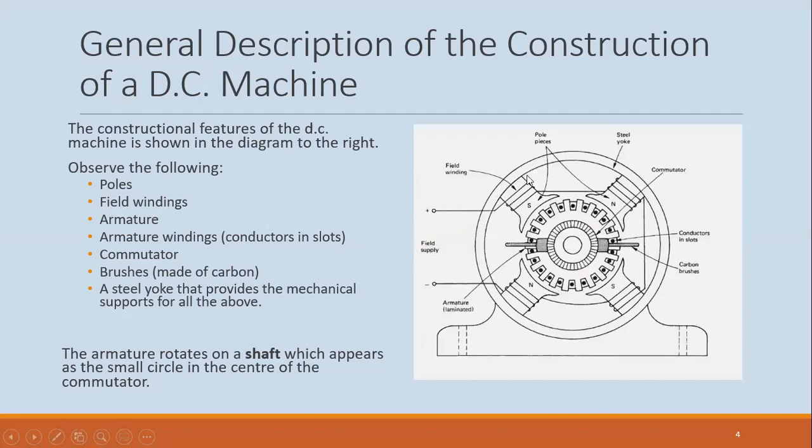These poles are actually electromagnets. So windings, conductors are wound around them in such a manner as to create north poles and south poles alternately. So a DC current would be flowing through the windings. And if you use your right-hand rule, you can determine which pole is north and which pole is south for yourself.